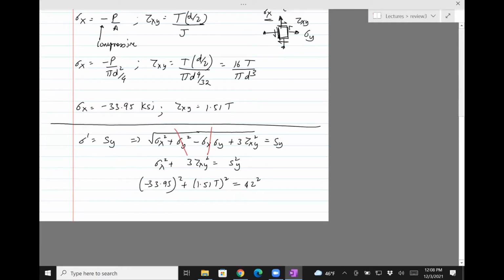And so if you solve for T, oh, my bad, the 3 is here, it doesn't go away, and you get torque equals 9.45 kip inch.